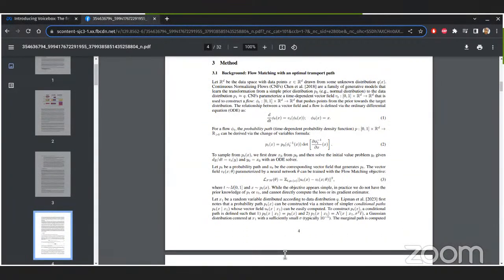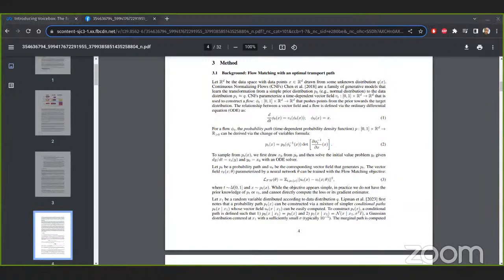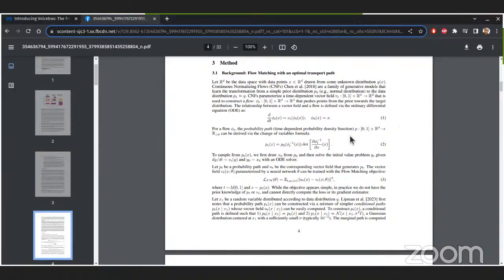And again, this very much touches on the subject of normalizing flows, which is essentially a model in which, given an initial distribution, you're trying to approximate an unknown distribution, also known as the target distribution.